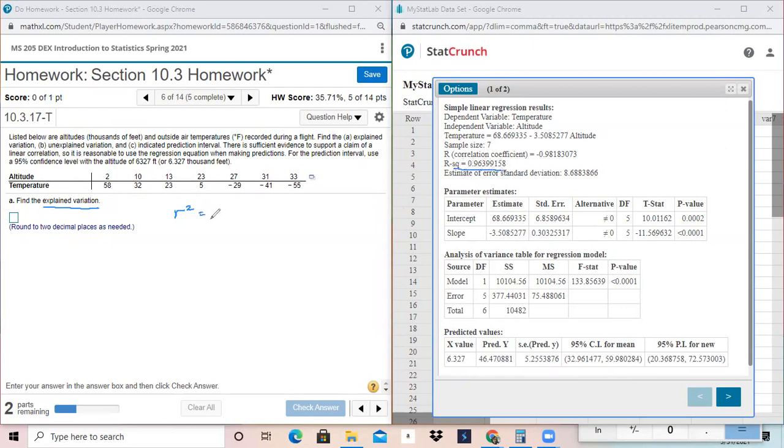We see up here that r squared is 0.96399, so 0.964 basically. The actual amount of explained variation is going to be found under this column right here.